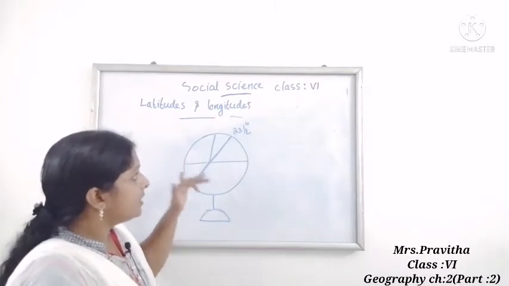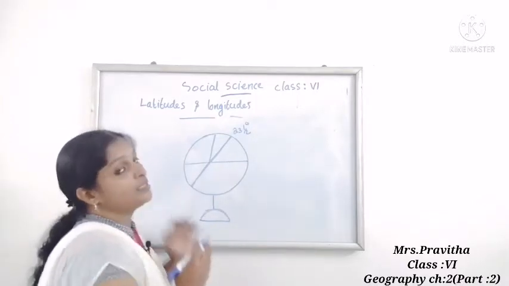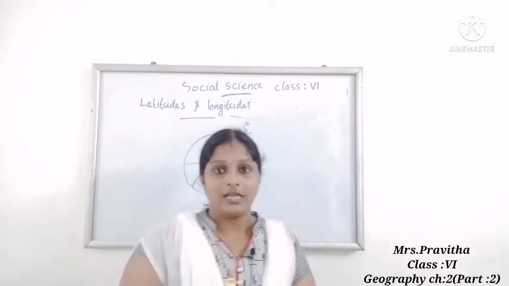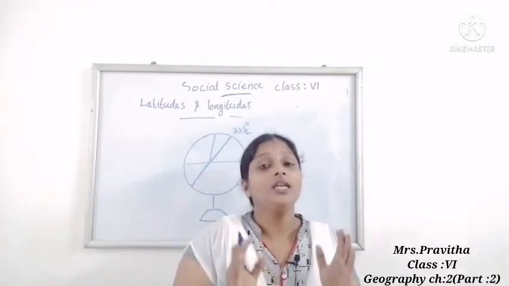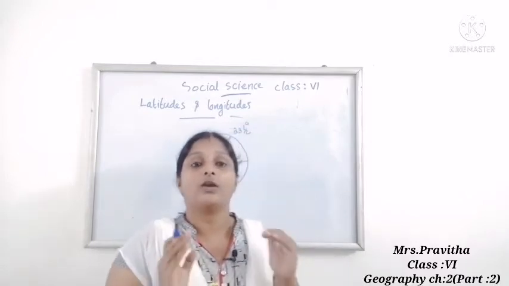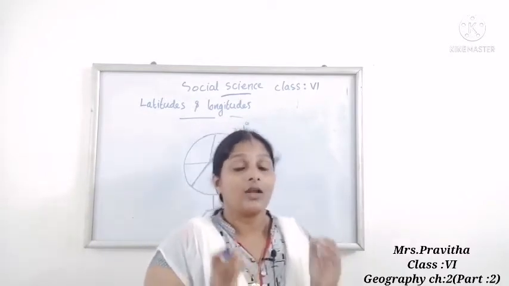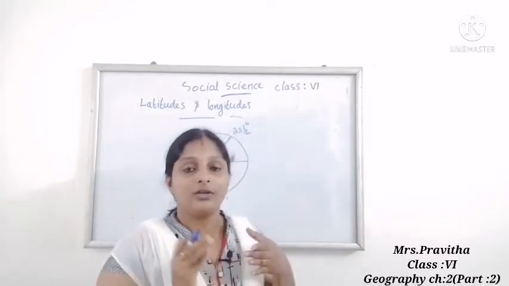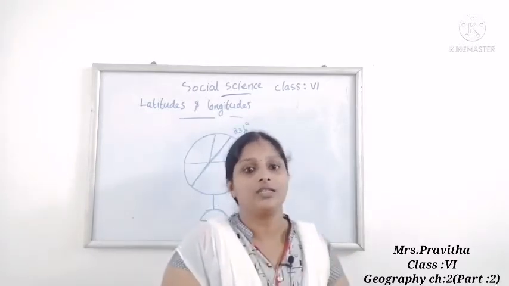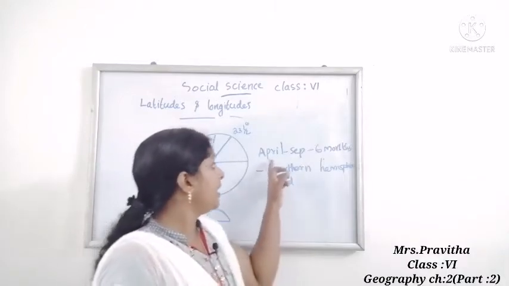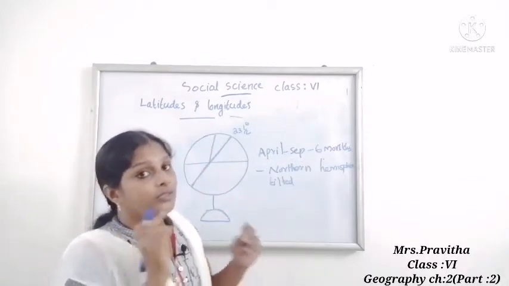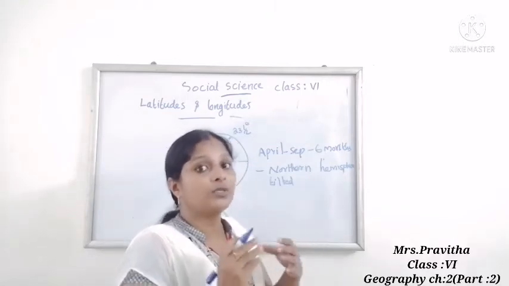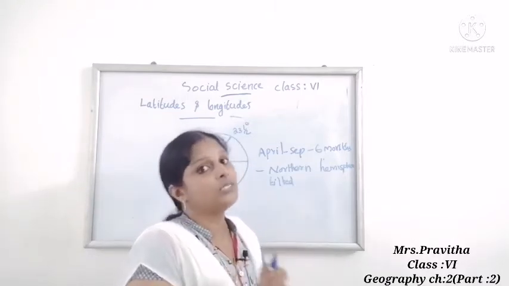Due to this tilt, sunlight is not getting equally to all the latitudes. According to the season, how much sunlight each latitude gets varies, also because of the tilt of the earth. So children, from April to September, the northern hemisphere is tilted towards the sun, so at that time the northern hemisphere will get more sunlight.